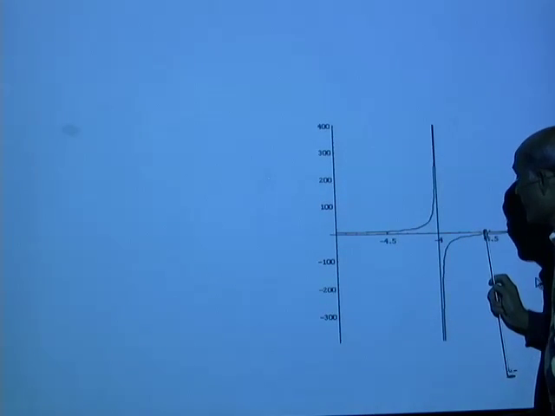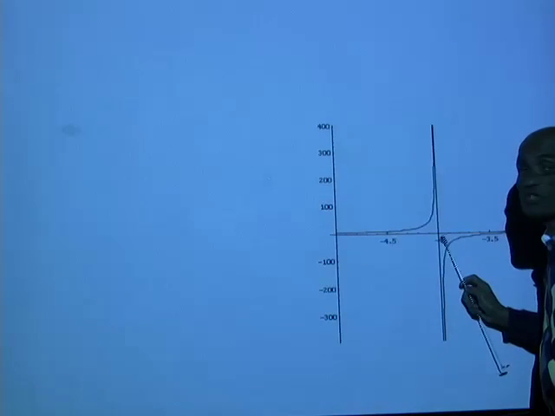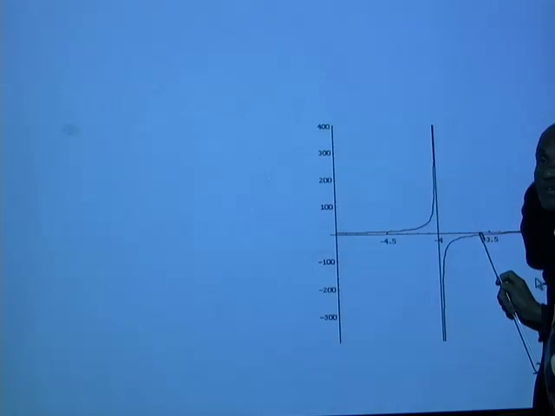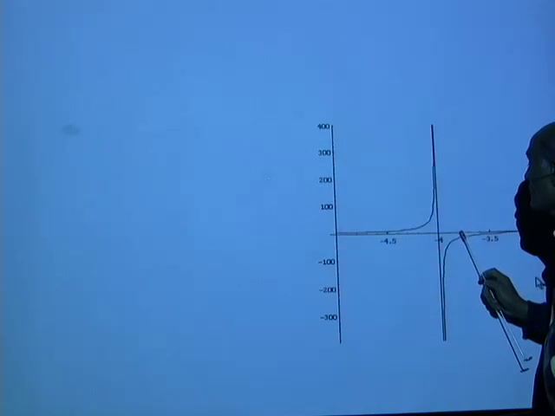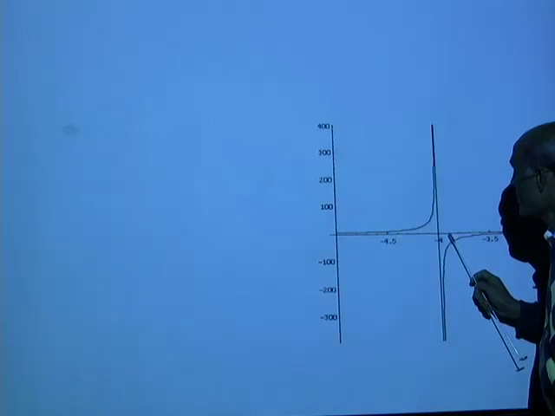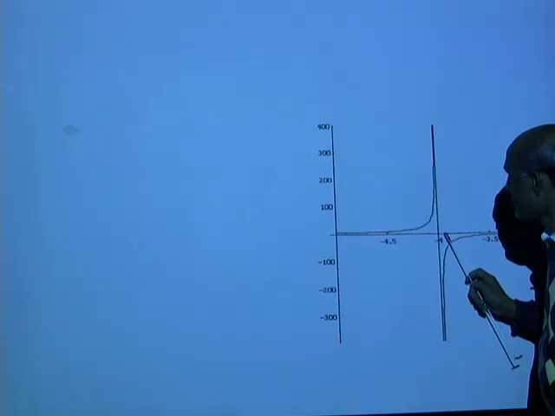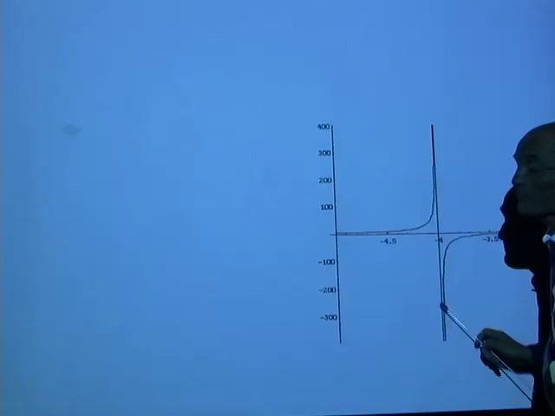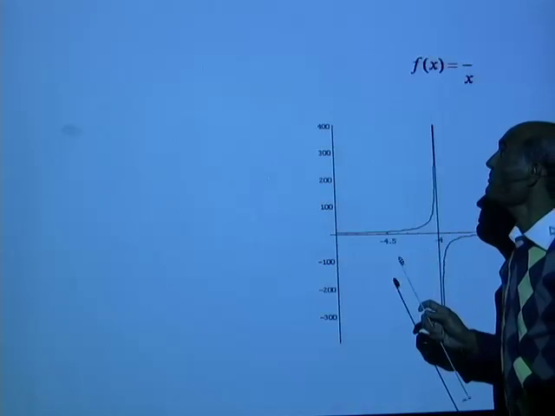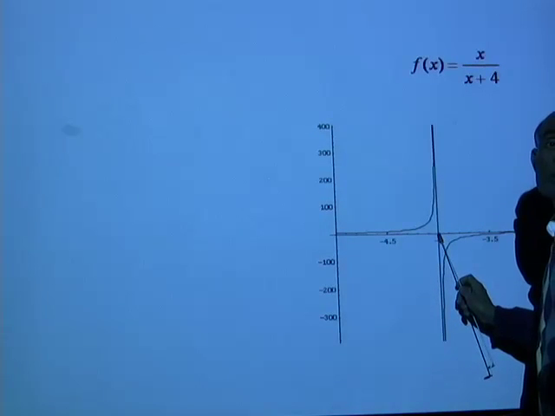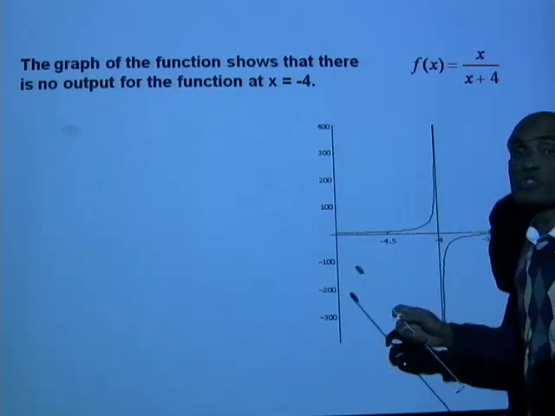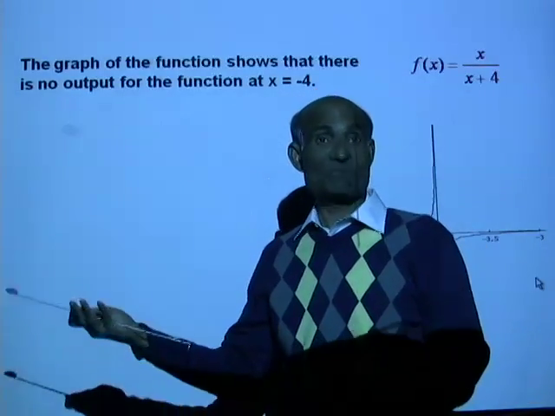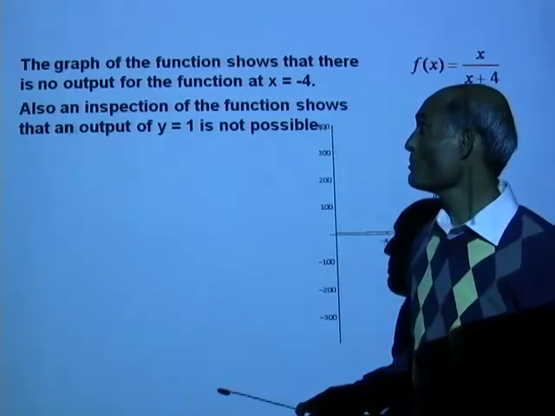In the same way, as x gets closer and closer to -4 from the right, -3.5, -3.6, -3.7, -3.8, -3.9, the output goes to -infinity. You see, there is a break in the function graph at x equal to -4. That means x equal to -4 does not give you a meaningful output. x equal to -4 is not in the domain.